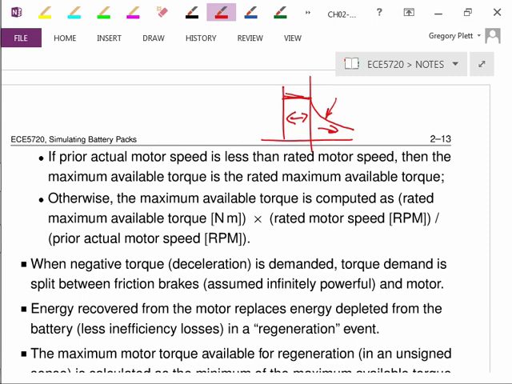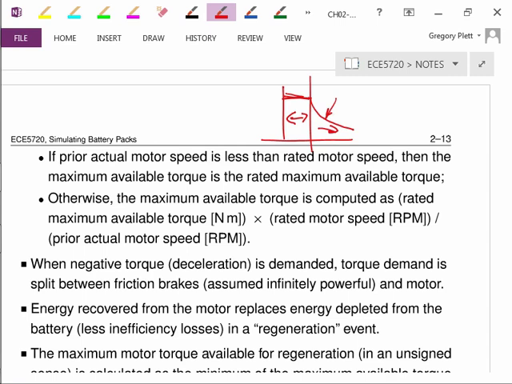When negative torque or deceleration is demanded, the torque demand is split between friction brakes and the motor. In the electric vehicle, we can actually use the motor to do some of the braking, and the advantage is we can recover energy that way and recharge the battery pack. I'm not wasting all of the energy in heat generated by friction.